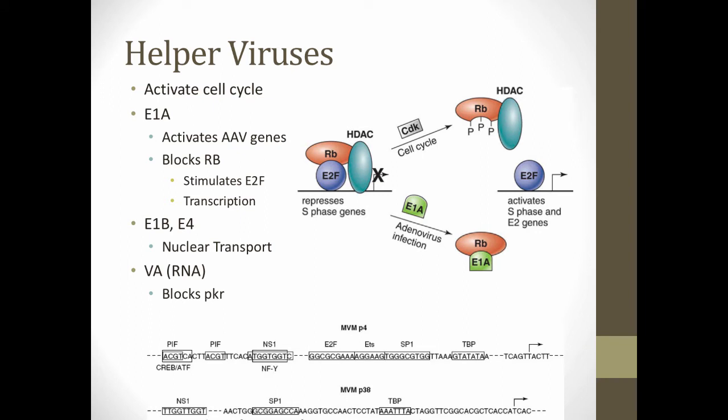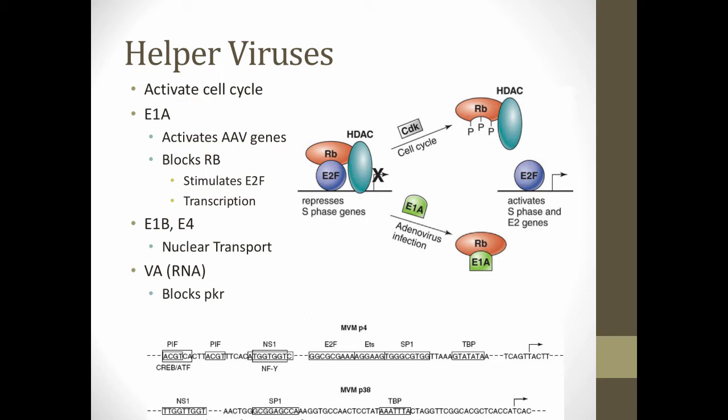All right, so I mentioned that some of these small single-stranded DNA viruses are known as autonomous viruses, and some of them are known as dependoviruses. And the dependoviruses are dependent on what's called a helper virus. So the helper virus essentially will push cells either into or back into the S phase so that these dependoviruses can replicate as well.